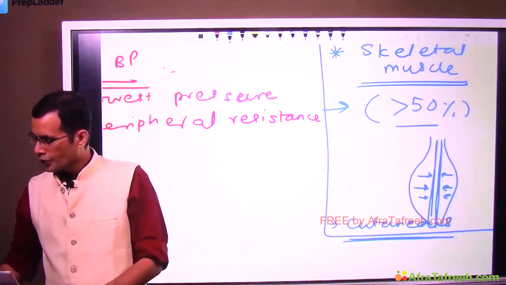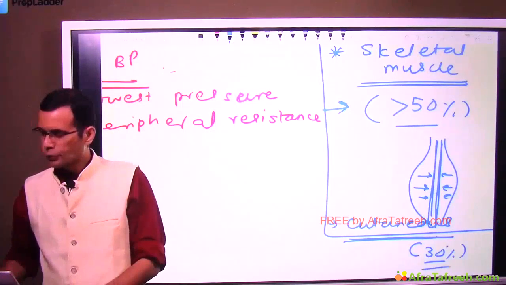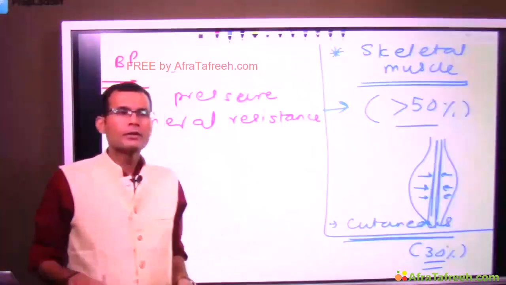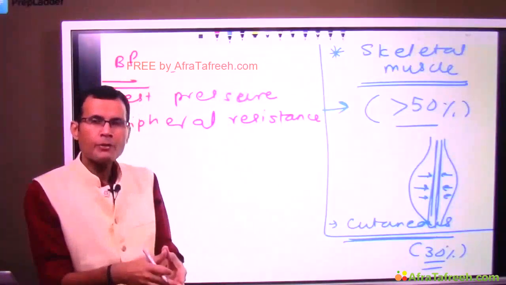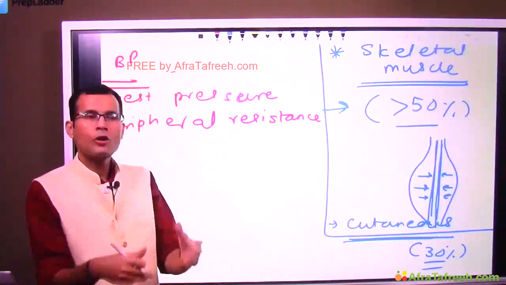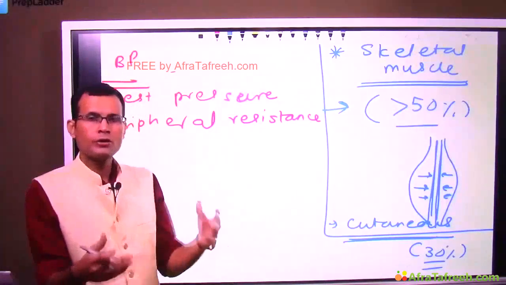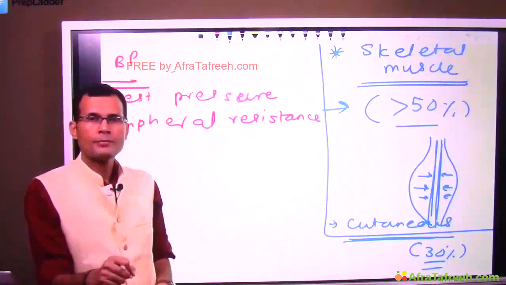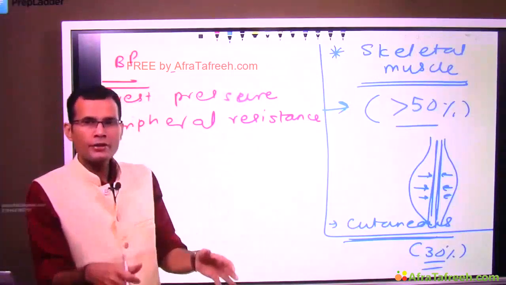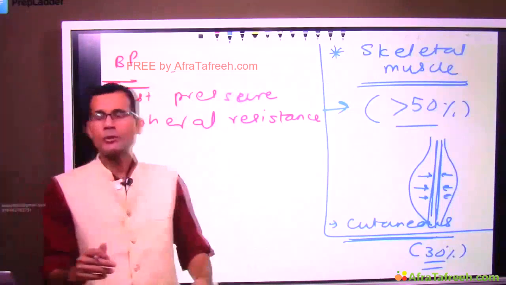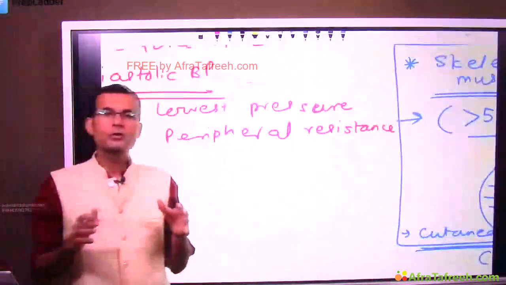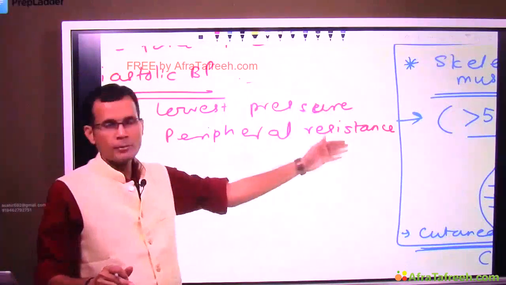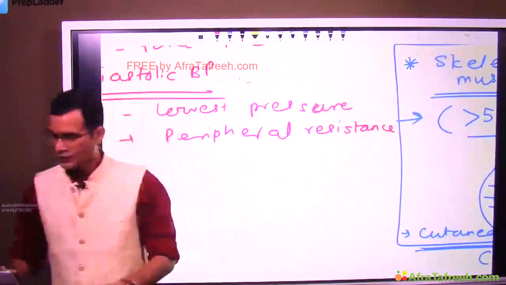Cutaneous circulation contributes almost 30% to the peripheral resistance. Why? It's because the cutaneous blood vessels often constrict all the time because of the ambient temperatures. And as they constrict, there will be resistance to the blood flow. So please remember, two organ systems which contribute maximally are skeletal muscle followed by cutaneous circulation.